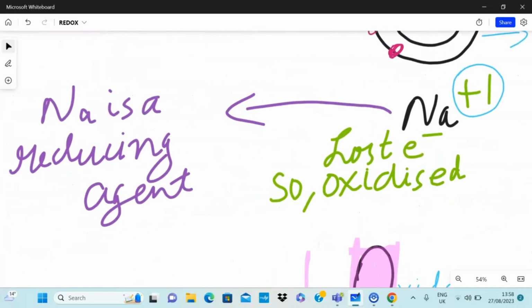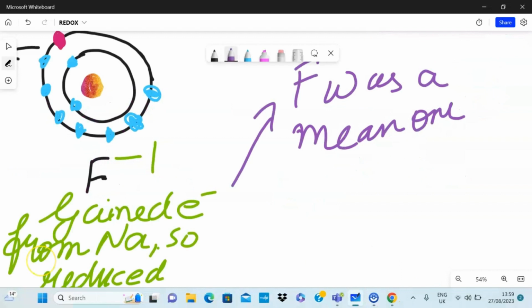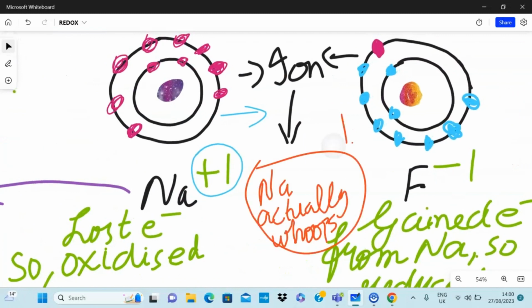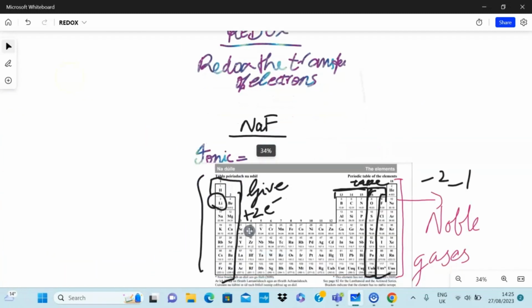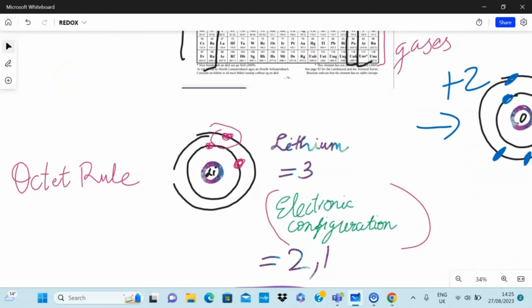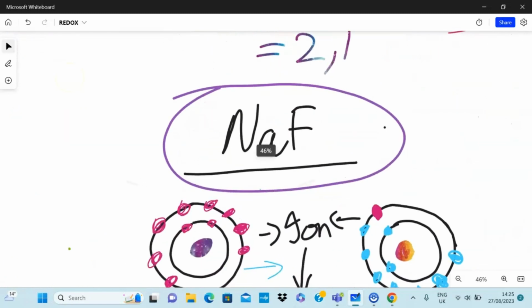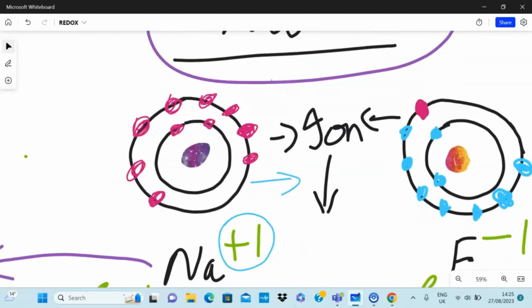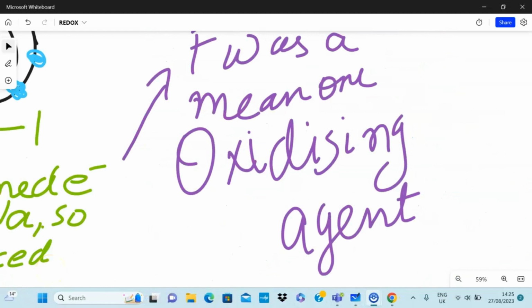If any of the atoms are being oxidized, they're automatically known as a reducing agent. Now you can just guess what you call fluorine. Fluorine was a mean one. It's only because of fluorine that our poor sodium actually had to become oxidized. So because of that, it's called an oxidizing agent.